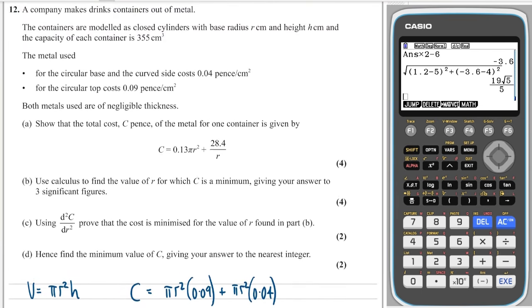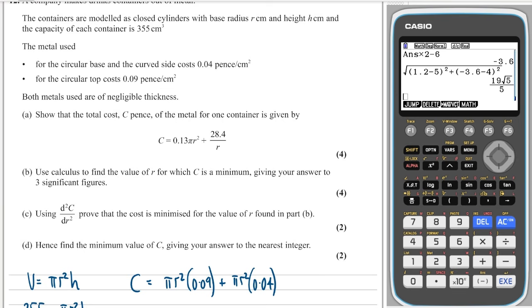And then we'll have the curved part of the cylinder. So a cylinder looks like this, and the curved surface area that goes around the middle is essentially a rectangle which has a height which is the same height as the cylinder, and then the width or the length along here is the distance around the circumference, so that's 2 pi r.